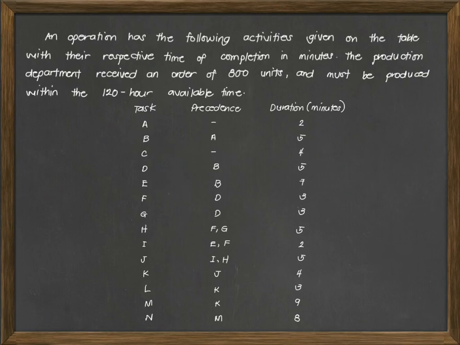Now, after that, we will be computing for the current efficiency of the unbalanced line. So, again, the formula for the computation of the efficiency is the sum of your task times divided by the current number of stations multiplied by the allowable cycle time.